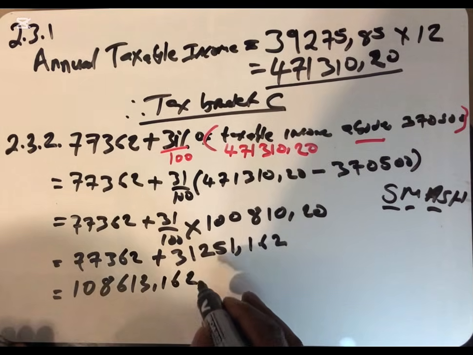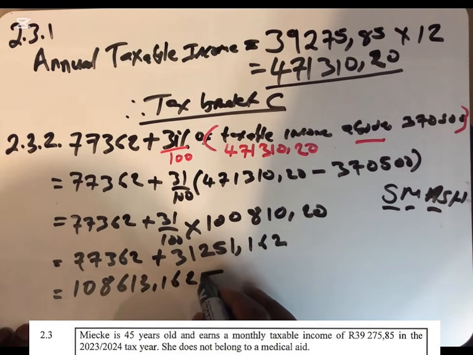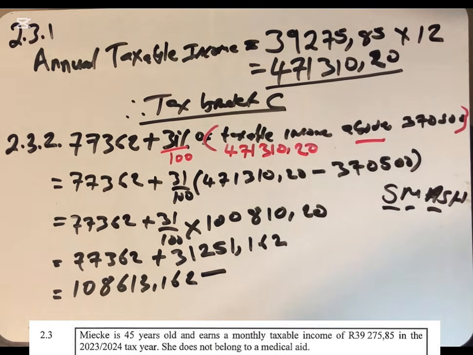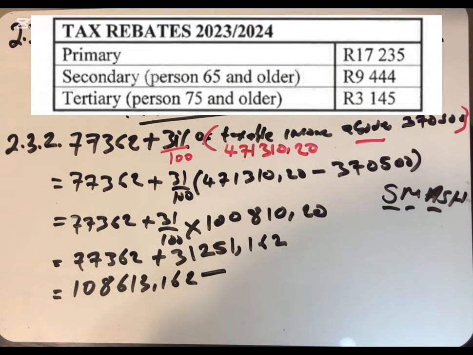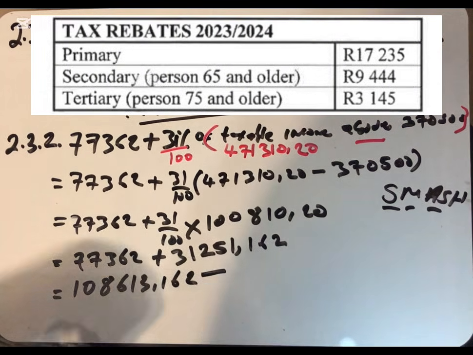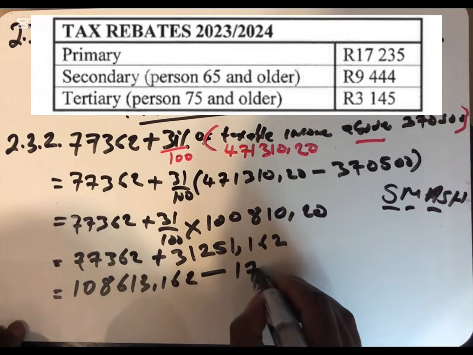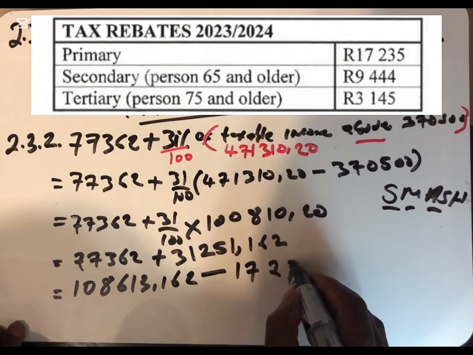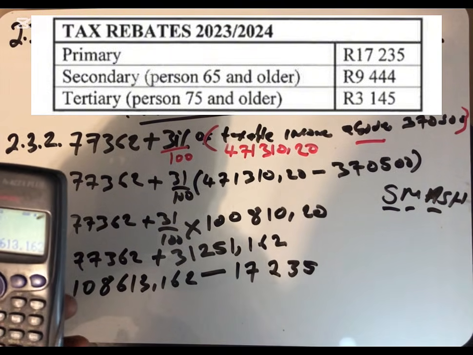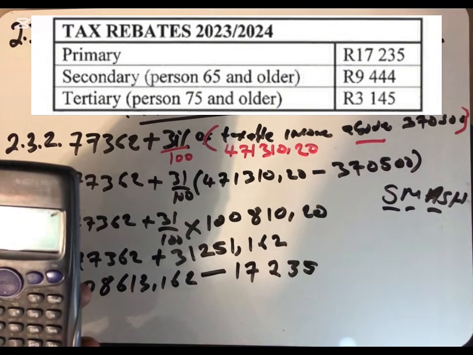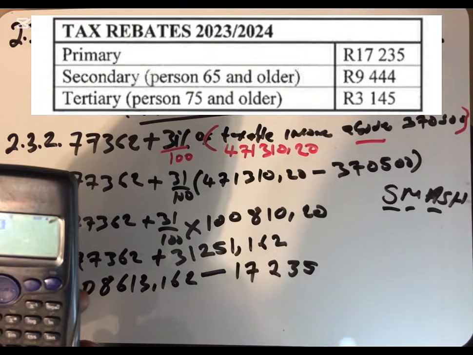But because of a rebate, this amount is going to be reduced. For the rebate, we look at the age of this person. We found that the age of the person is 45. Because she is 45 years old, she only qualifies for the first rebate, which is the primary rebate of 17,235. So we just remove that rebate, minus 17,235.